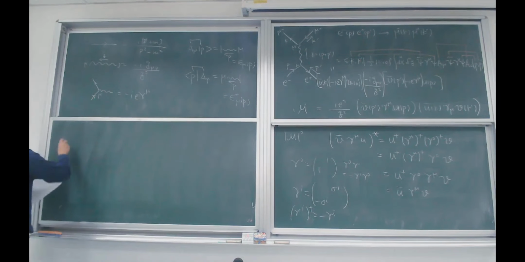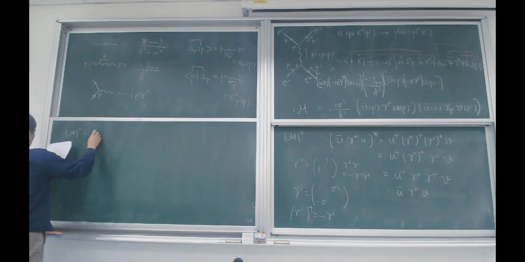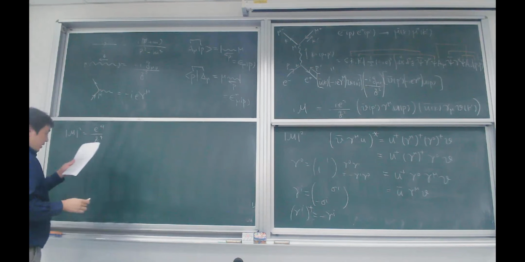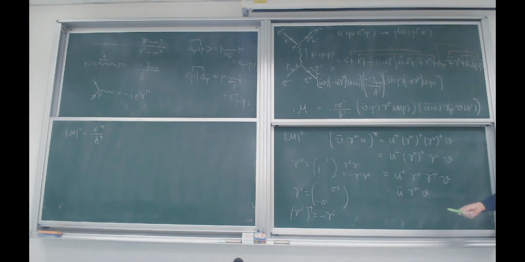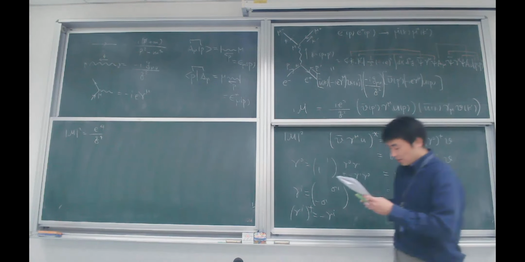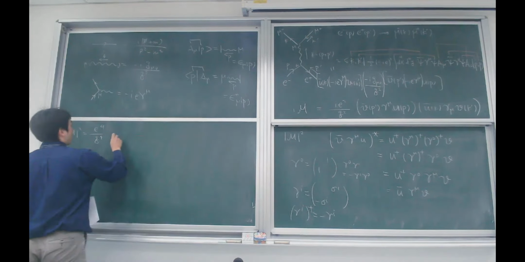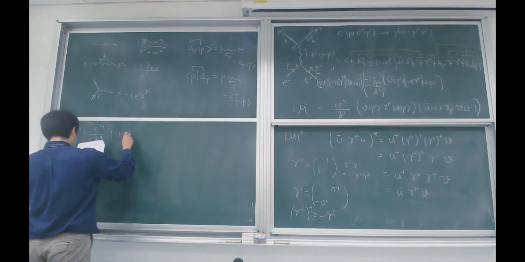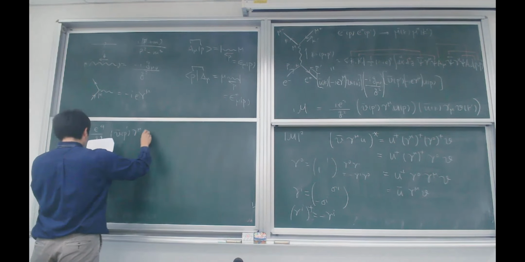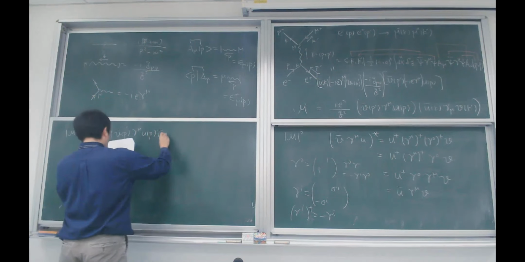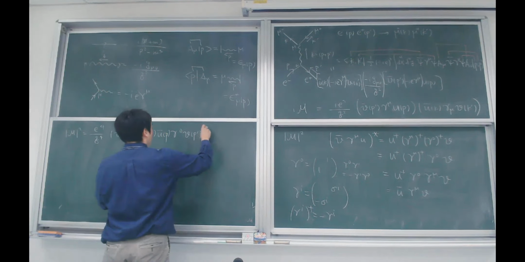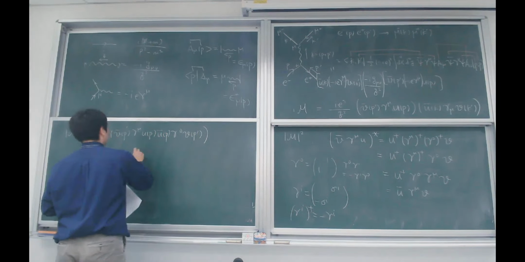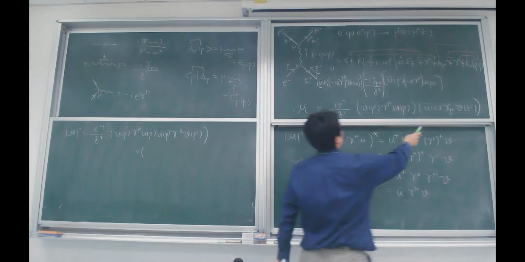What we have is that M squared is equal to e to the fourth over q to the fourth. And then, the first one, b bar gamma mu u, the complex conjugate is this one. So you just multiply. So b bar(k') gamma mu u(p) and u bar(p) gamma mu b(k') and times the second one, which is the same thing.